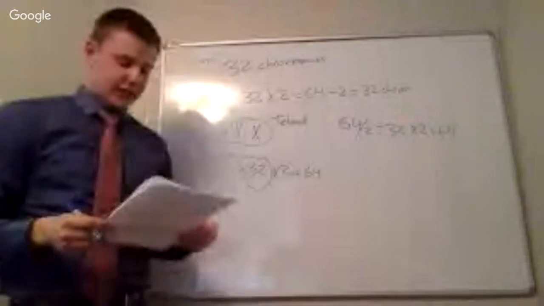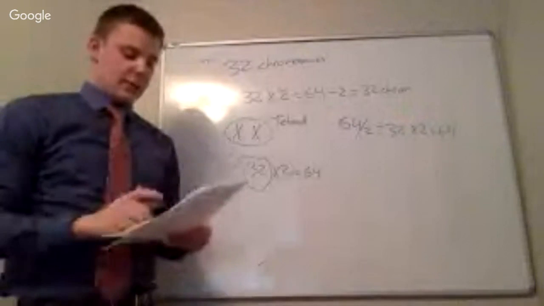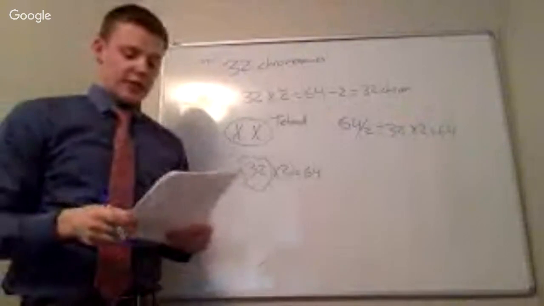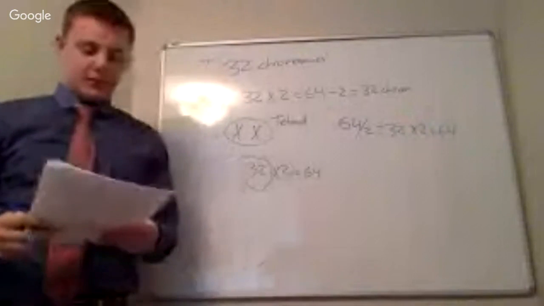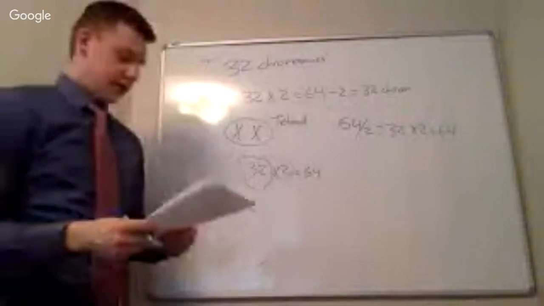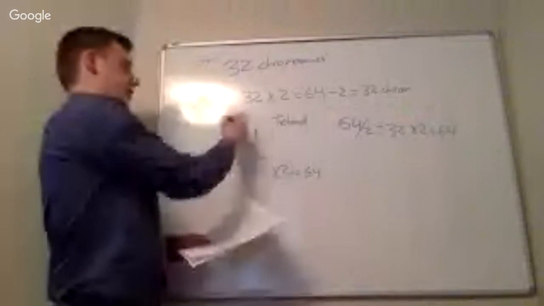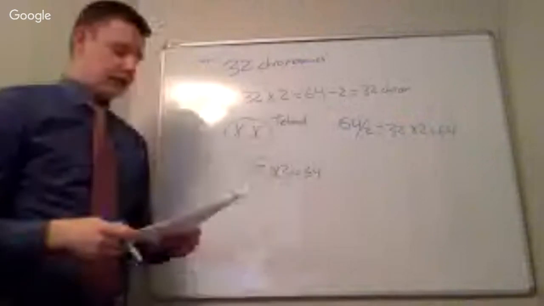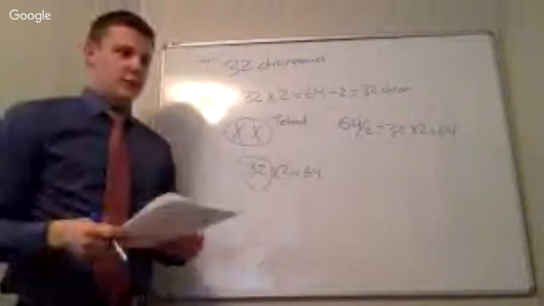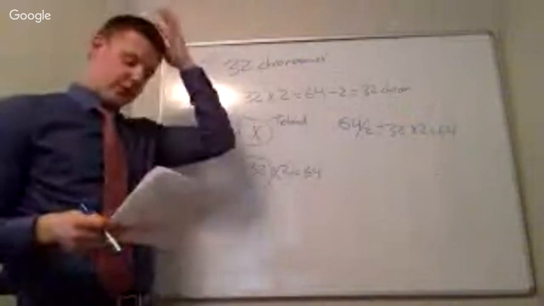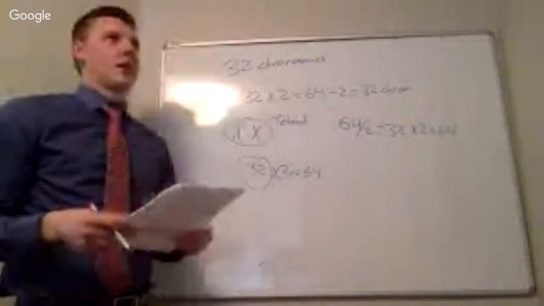Let's see, the last one is how many bivalents are present per horse cell during anaphase 2 of meiosis. Now, once again, a bivalent is when we have 2 homologous chromosomes.